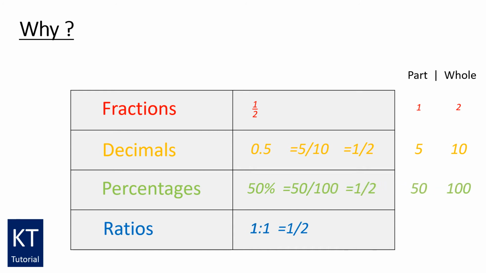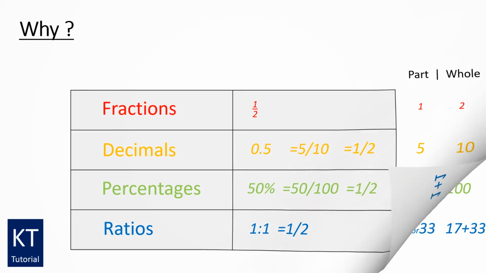For the notation 50%, 50 represents how many parts, and 100 represents the whole. As for the ratio 1 to 1, 1 represents how many parts, and the sum of the two ratios represent the whole. Incidentally, all of the above is equal to 1 over 2.